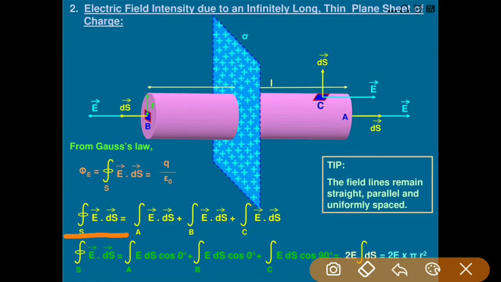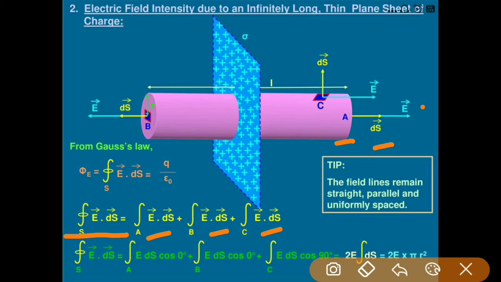This closed integration of E dot ds we will break into three cases: for surface A, for surface B, and for surface C. For surface A, what is the angle between the electric field vector and the area vector? For the surface A, the electric field vector and the area vector are both in the same direction.